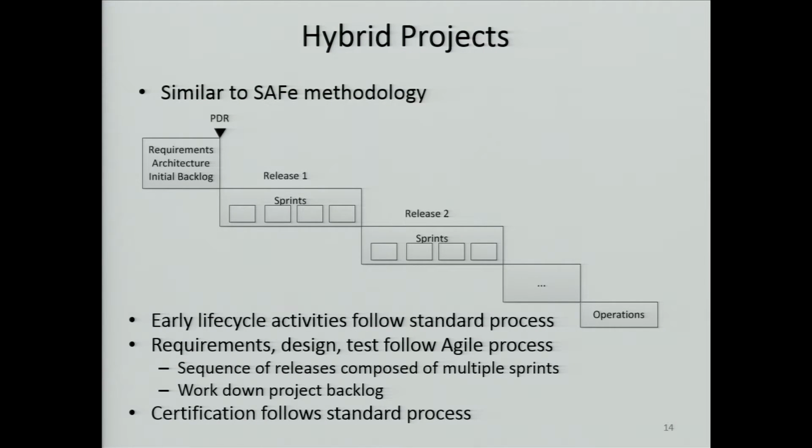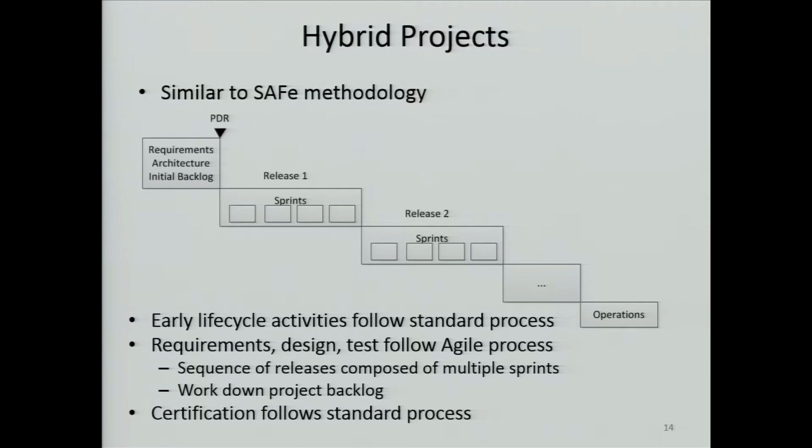The projects that we've been looking at are using a SAFe-like variant of Agile that looks in the diagram much like an incremental process, but the difference is that instead of increments going on the order of a year, they're going on the order of about 6 weeks.